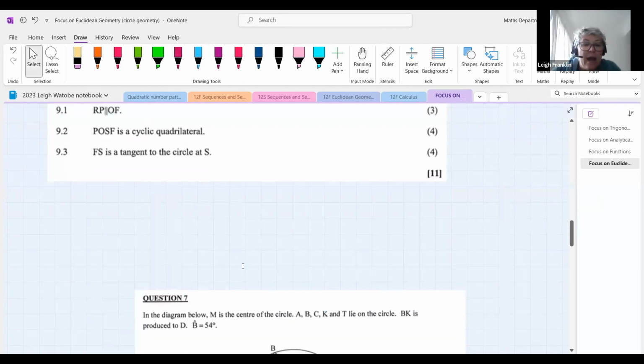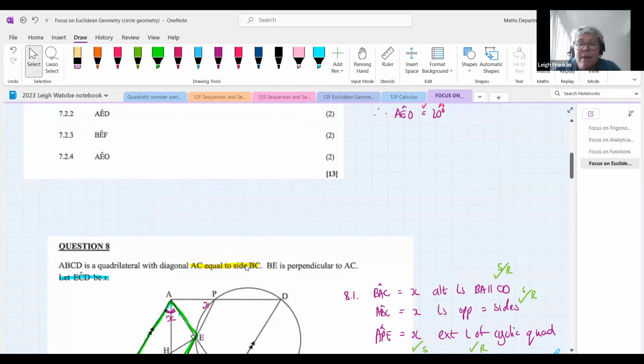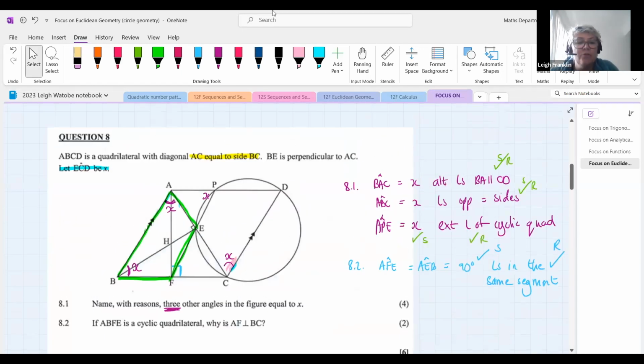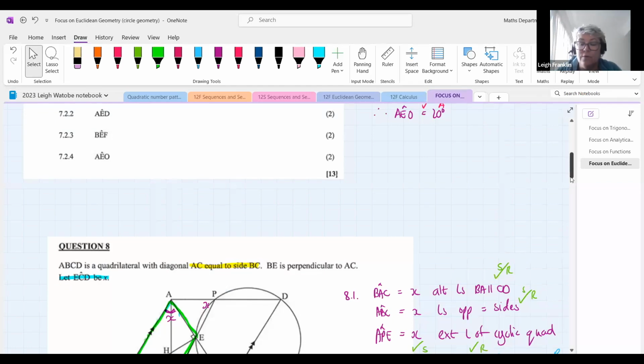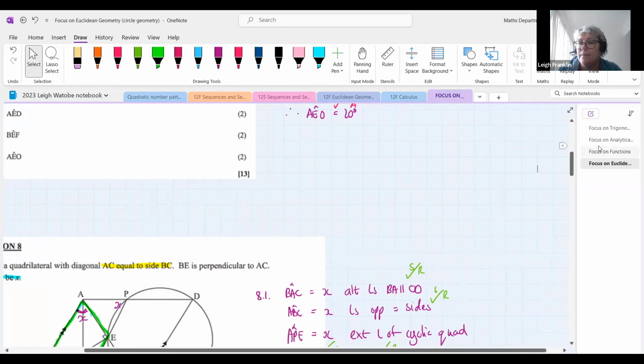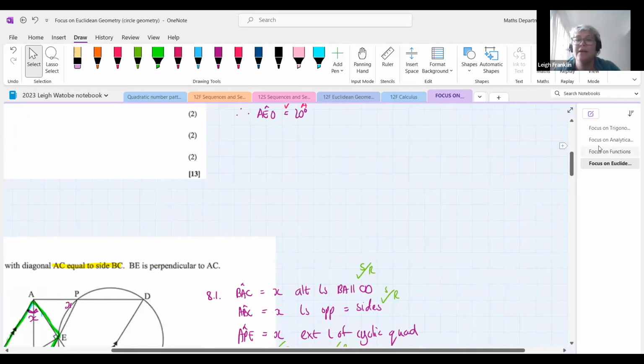Okay, so when we first start learning about this, let me try and draw something here on the side for you. It looks like this.